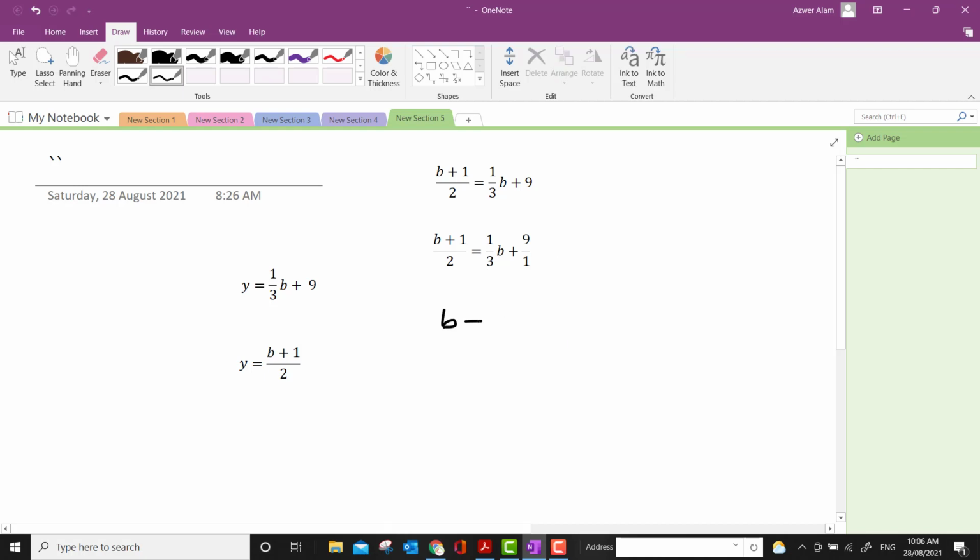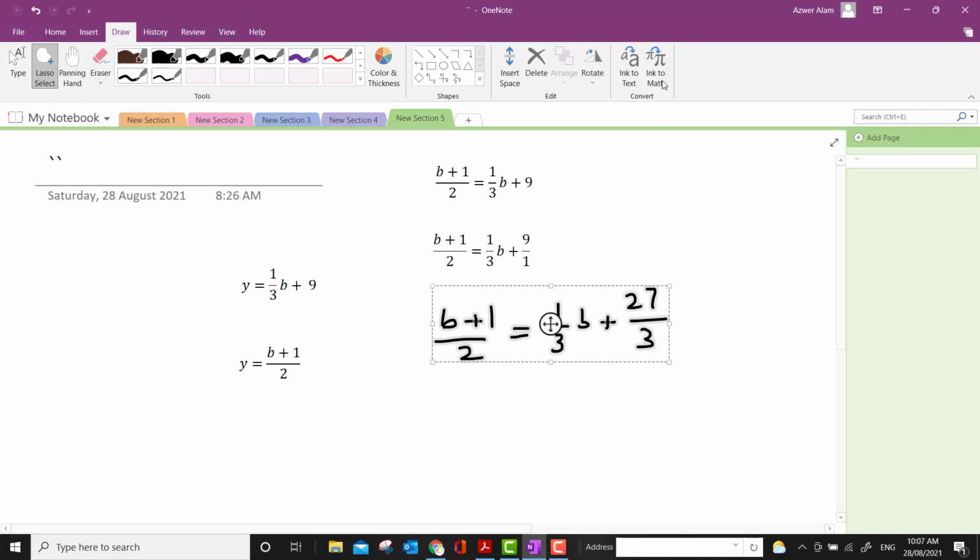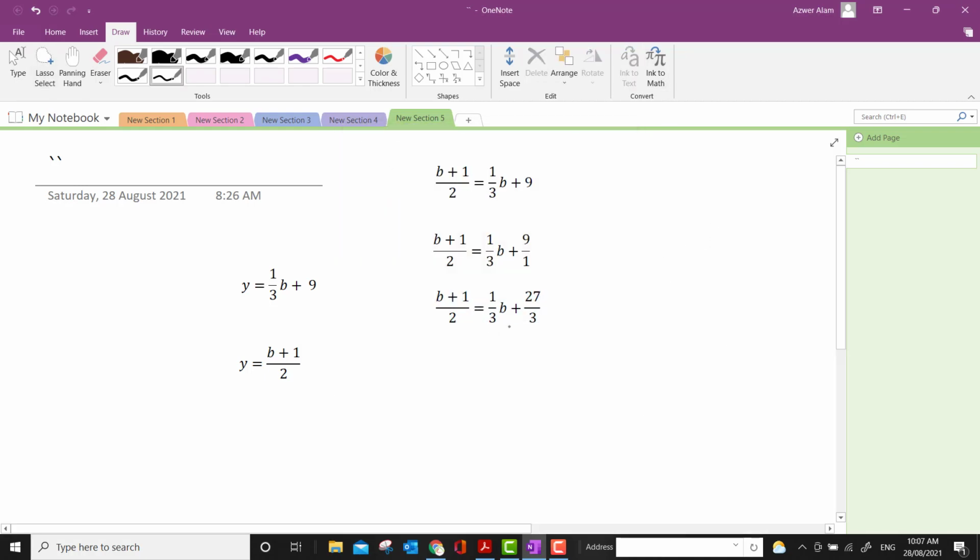So (b+1)/2 is equal to 1/3 b plus 1 times 3 is 3, and 9 times 3 is 27. So the denominators are same. Now we can rewrite this as (b+1)/2 is equal to (1 times b is just b plus 27)/3, and we can write the denominators once.